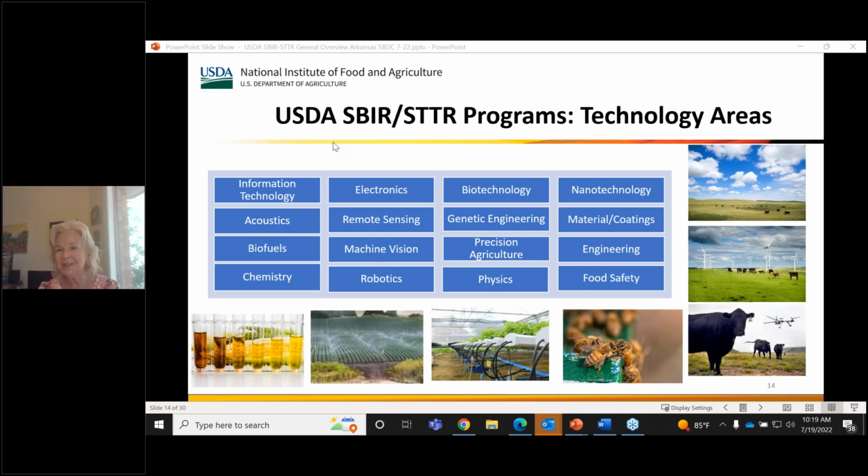As you can see here, this is just a small example of the type of science that we deal with, but agriculture is, for those of you who maybe are just dropping in, very scientifically based.